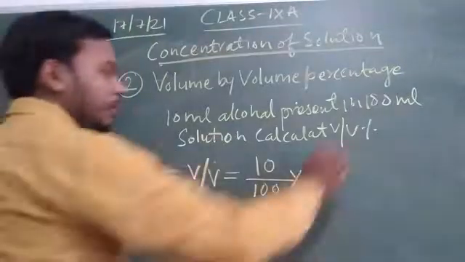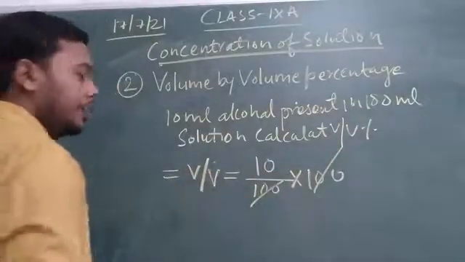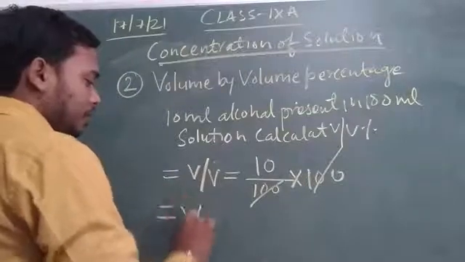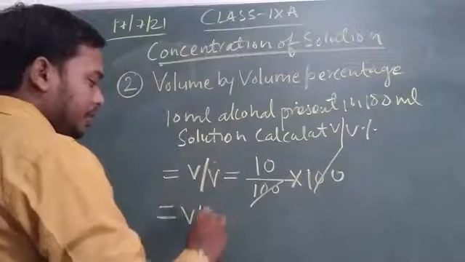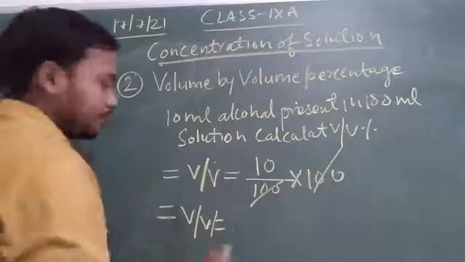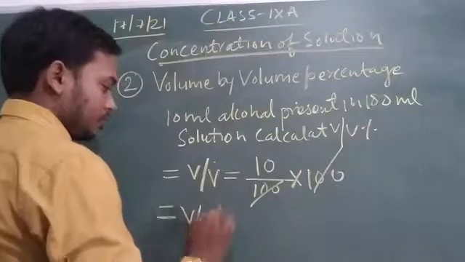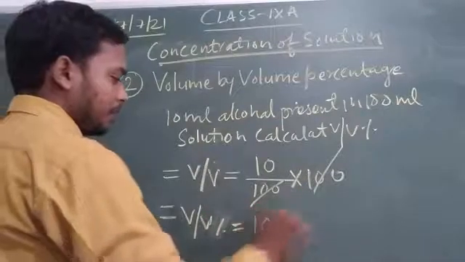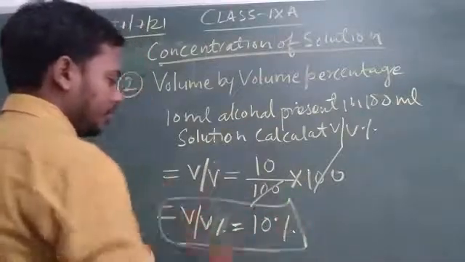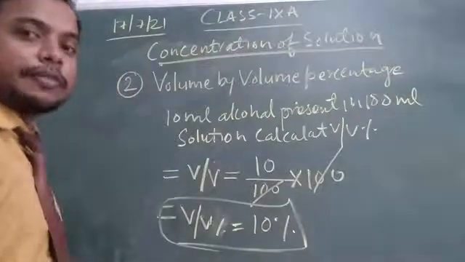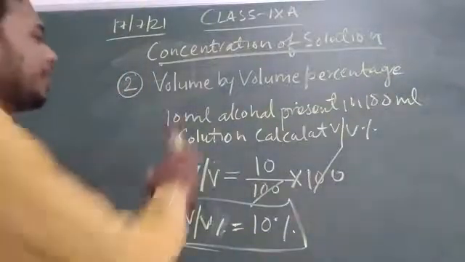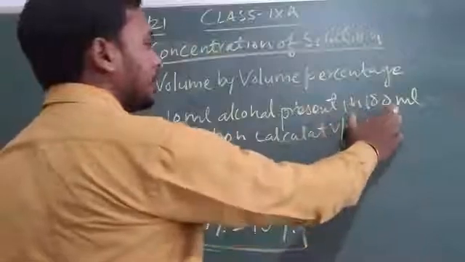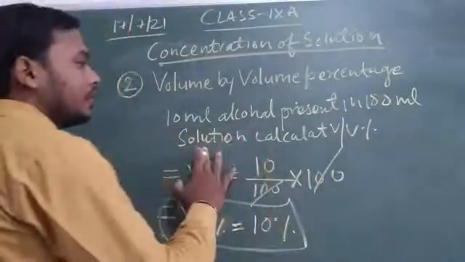So 100 cancels with 100, and volume by volume percentage is equal to 10%.